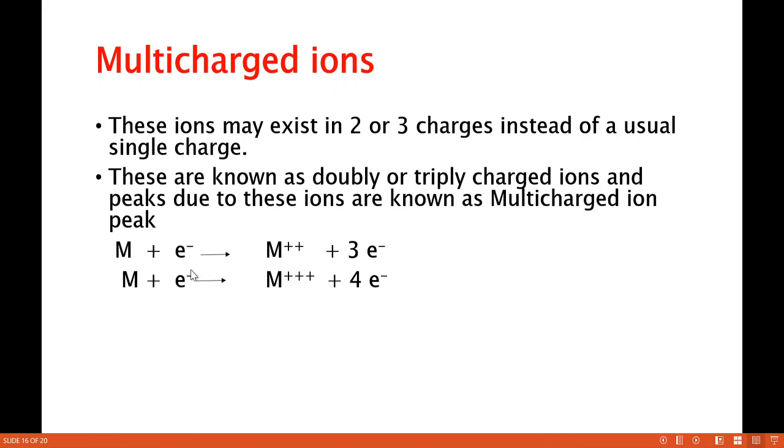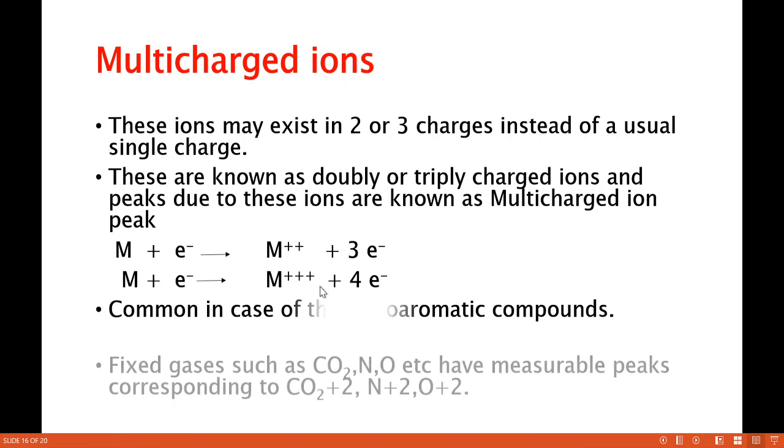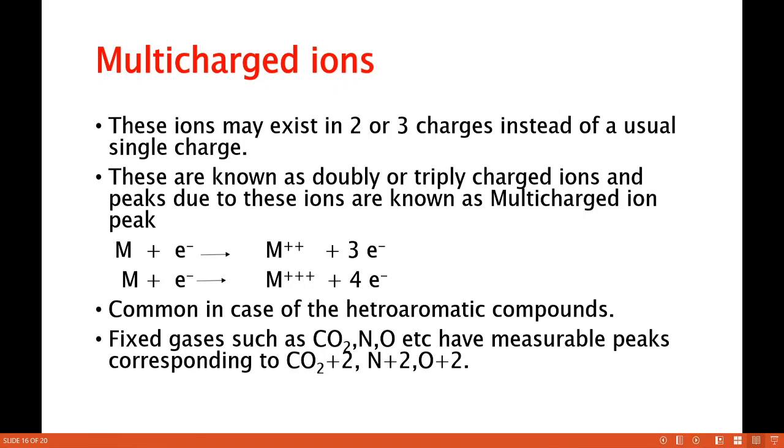If electrons are bombarded on this molecule and it removes 4 electrons, then there is the formation of M3+. So this is called a multi-charged ion. It is common in the case of heteroatomic compounds. Fixed gases such as CO2, nitrogen and oxygen have measurable peaks corresponding to CO2 2+, N2 2+ and O2 2+.